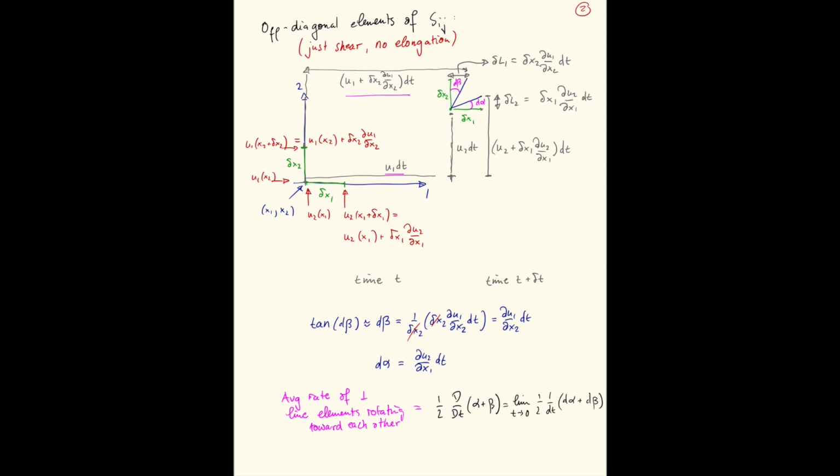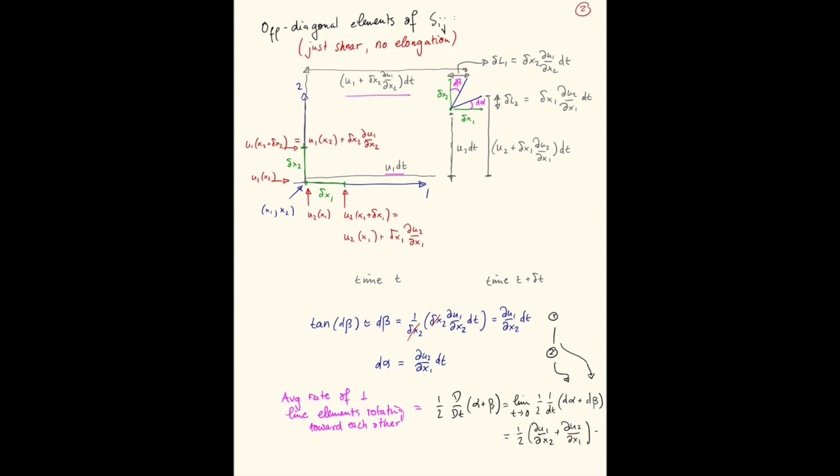And so if we now plug in 1 and 2 into these two expressions here for d alpha and d beta, you will find that this is simply a half du1 dx2 plus du2 dx1.